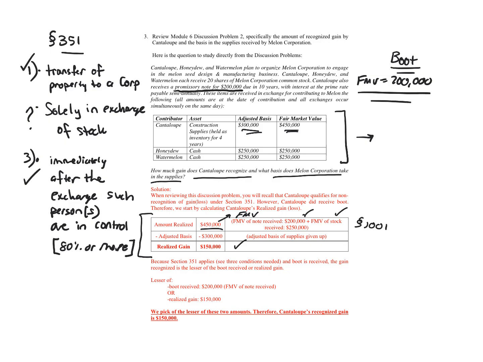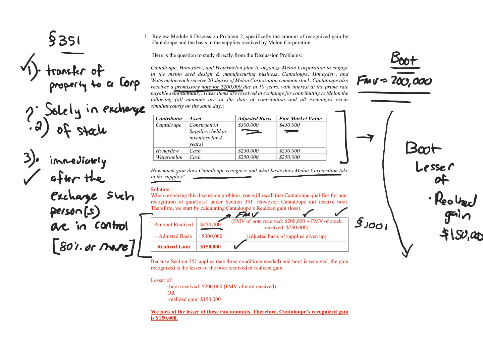Number 3, we're only focused on Cantaloupe. Does Cantaloupe fail number 2? Yes, because Cantaloupe also receives a note, which is not considered stock. So if you meet requirements 1 and 3 but fail number 2, you've got the boot rule. The boot rule says it's the lesser of the realized gain, which here we just calculated as $150,000, or the fair market value of the boot.